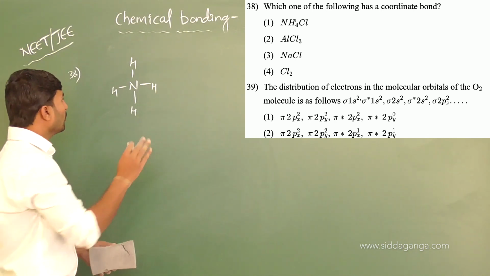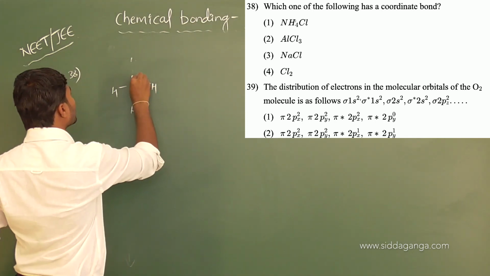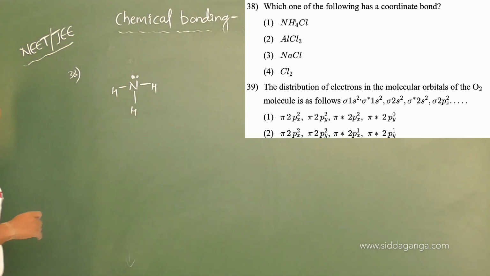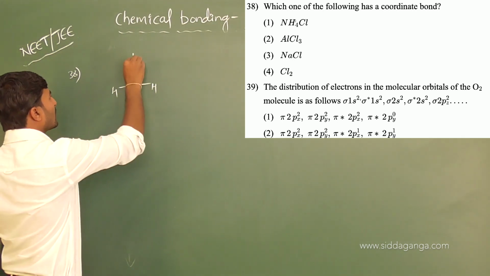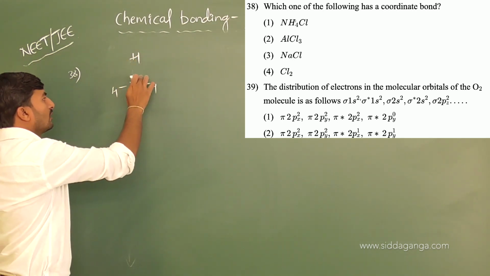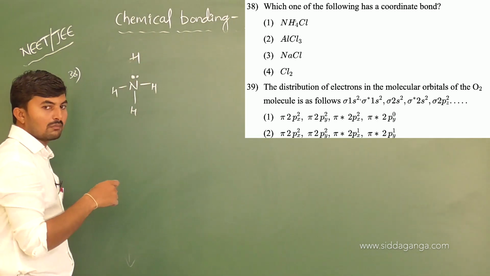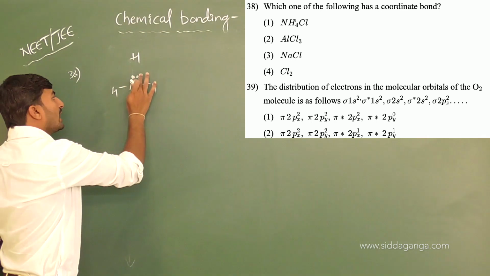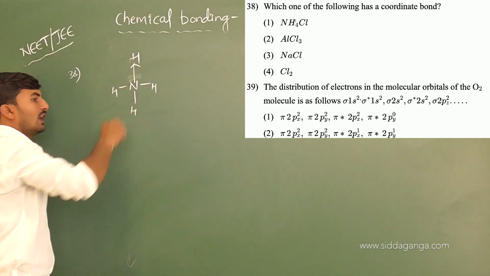After 3 bonds formation it is left with one set of lone pair of electrons. But if we want to make one more bond, nitrogen can form one more bond with hydrogen atom by sharing its 2 lone pair of electrons with hydrogen atom.